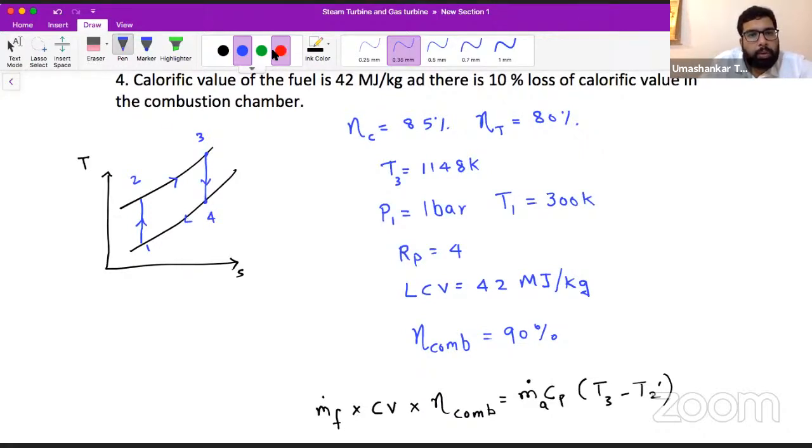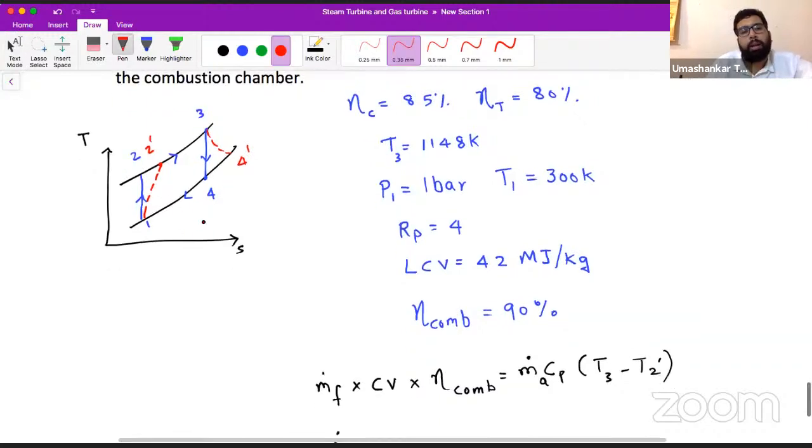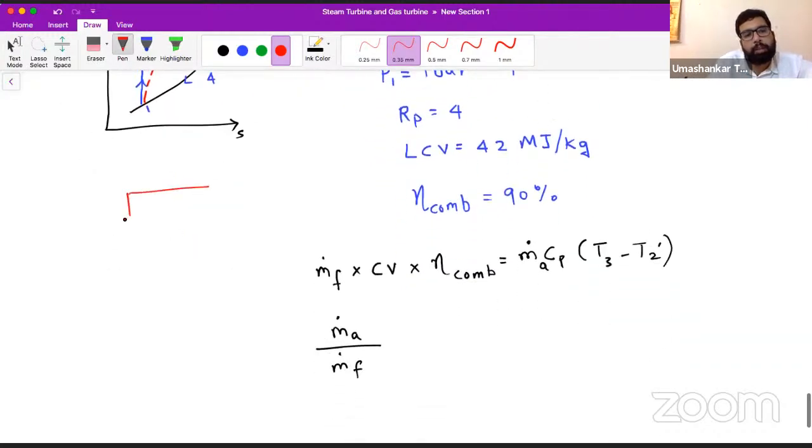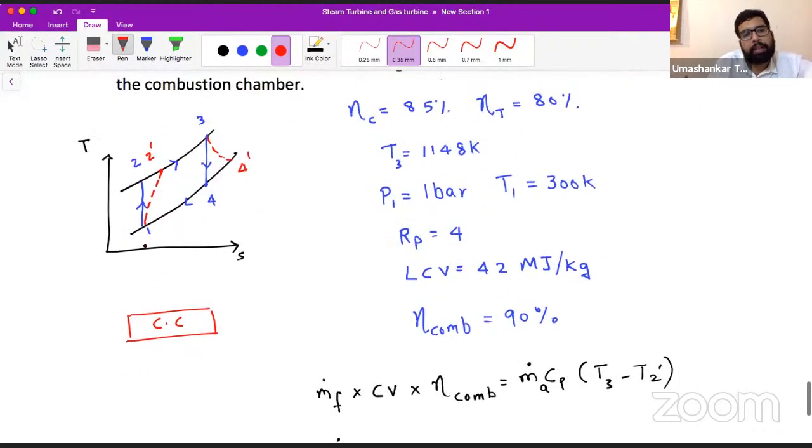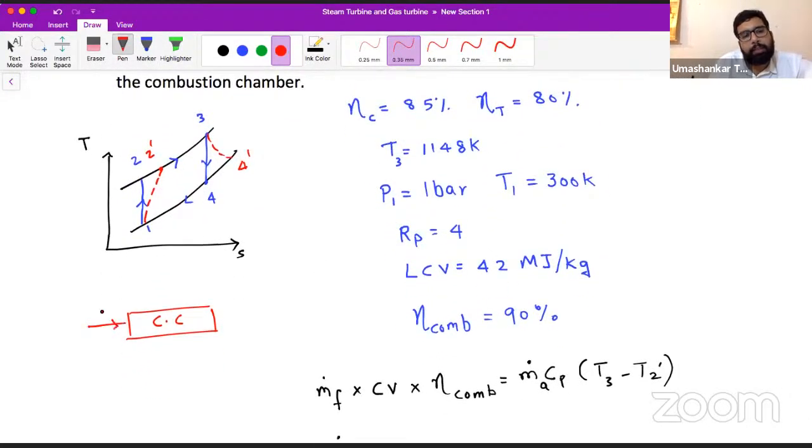Since there is isentropic efficiency of the compressor, as we have seen in the previous question also, the entry to the combustion chamber, this is our combustion chamber, is at 2 dash and the exit is at 3. So here it must be T3 minus T2 dash.